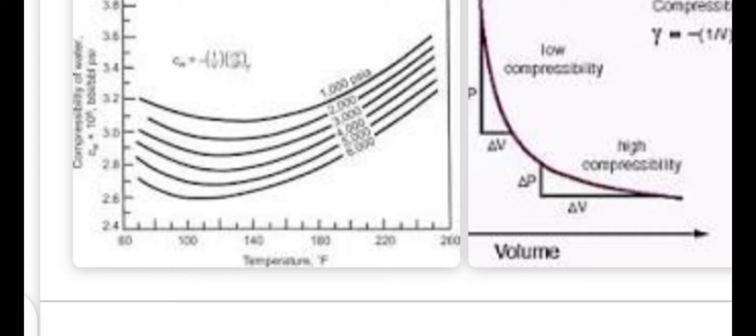The graph between V and T. And in this, volume and pressure. Pressure and volume are inversely proportional. So the curve is like this. But for V and T, volume and temperature, it should be a straight line, but it is somewhat different.